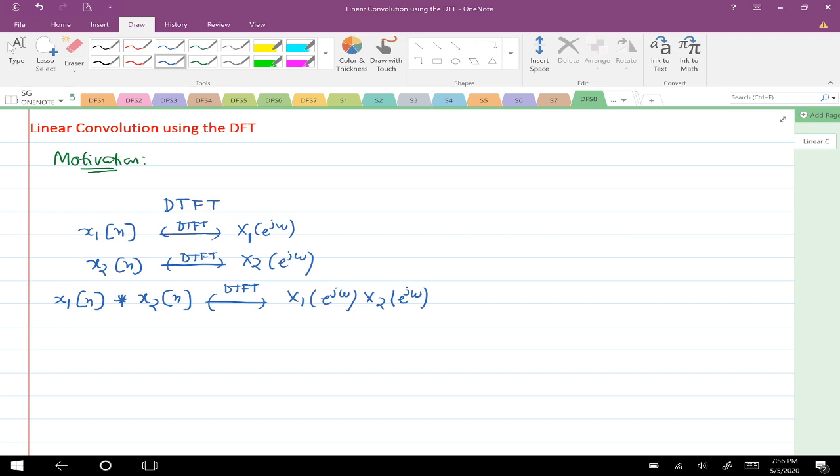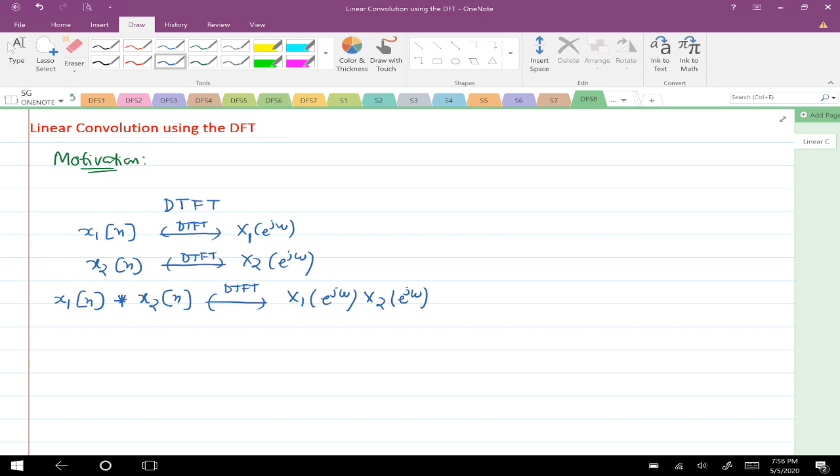For some reason, assume that I would like to perform a multiplication in the frequency domain instead of doing a convolution in the time domain, and then compute the inverse transform to get back to the time domain.